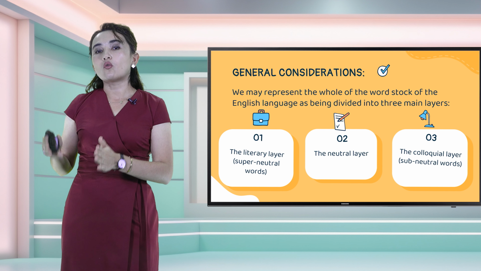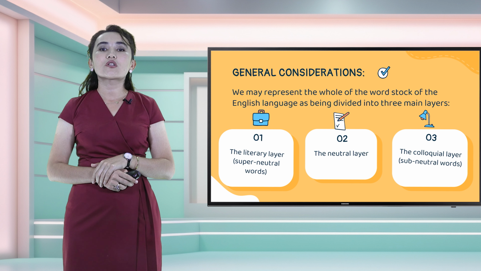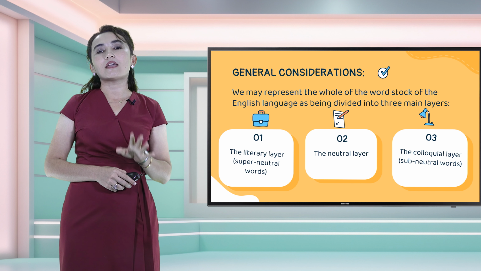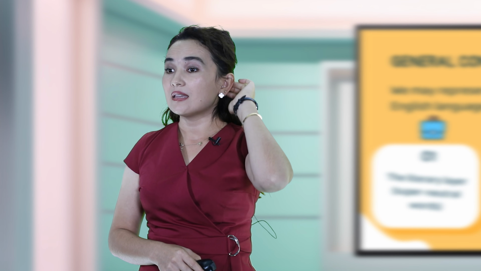The common property of the literary layer is its markedly bookish character, which makes the layer more or less stable. Because, as its name says, the literary layer is mainly used in a bookish way: in novels, in poetry, or in official and public speeches as well.